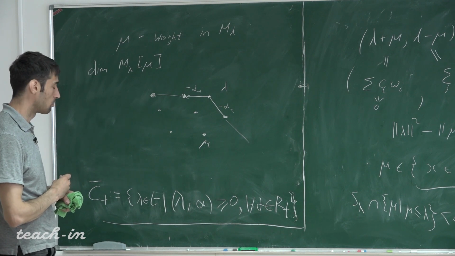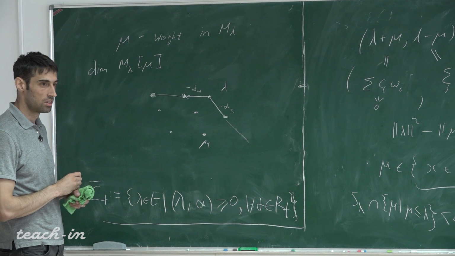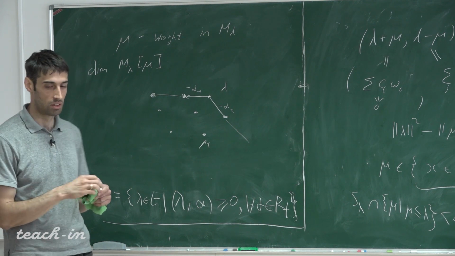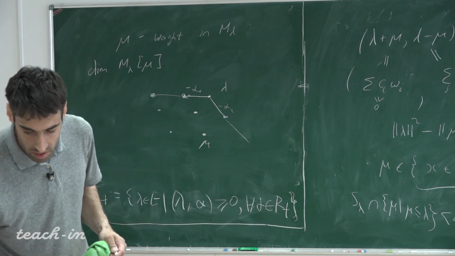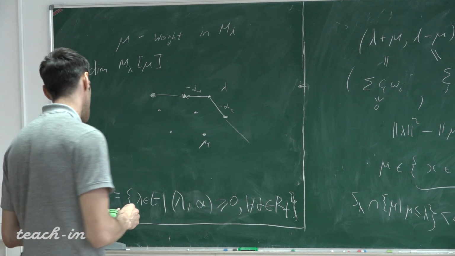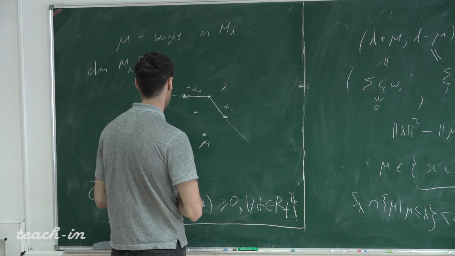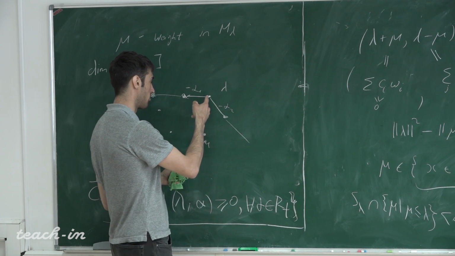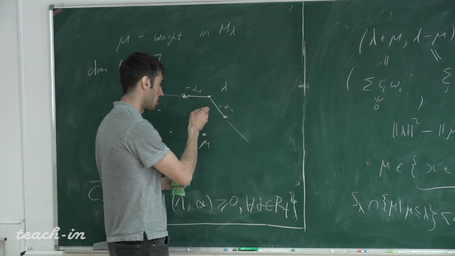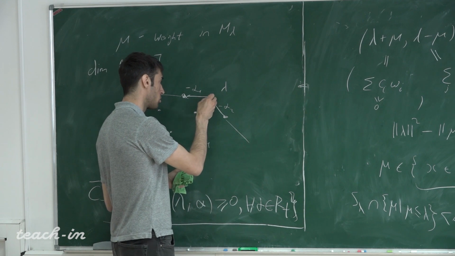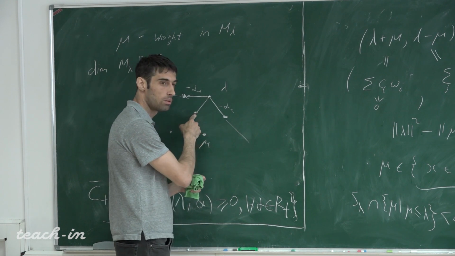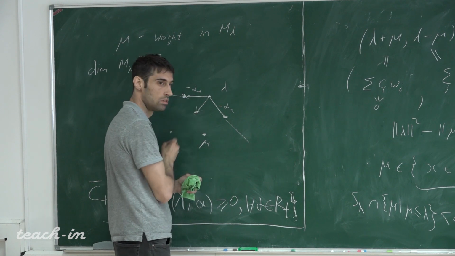And then again, what is the statement? You're counting what? This dimension is less than or equal to the number of classes, so my paths. First of all, I should fix: I draw an edge between two points if I can go from here to here by subtracting a positive root, and I draw an arrow.